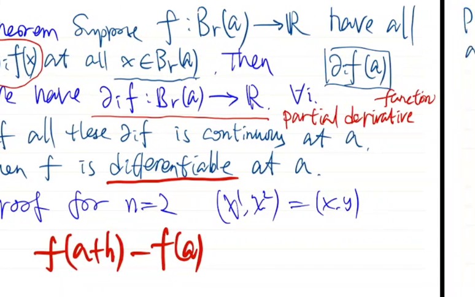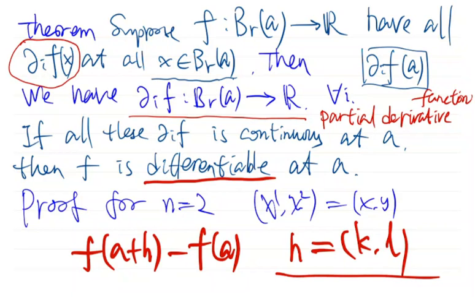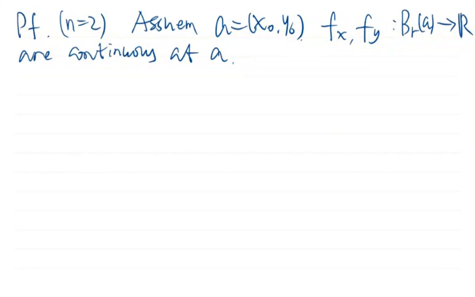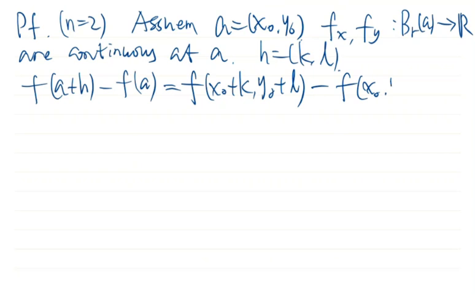In the two-dimensional case, our h can also use two components, (k, l). So consider A plus h, where h is (k, l). Then f(A+h) minus f(A) is f(x0 + k, y0 + l) minus f(x0, y0).